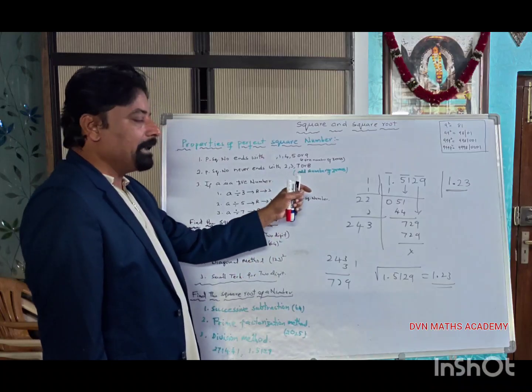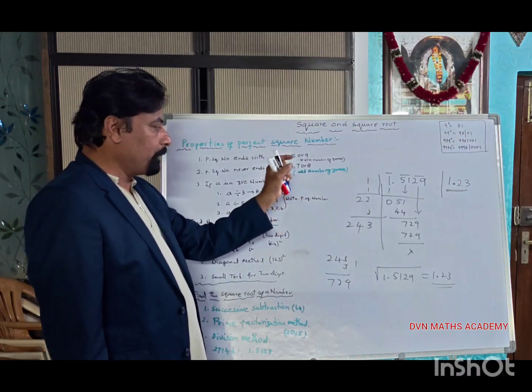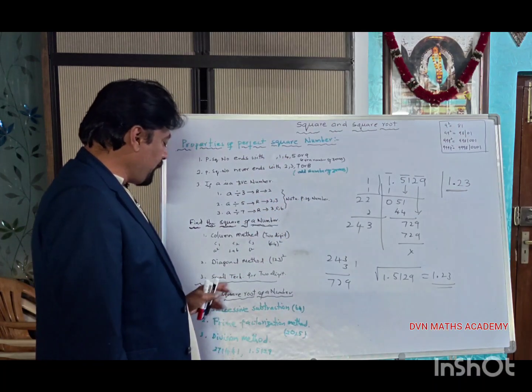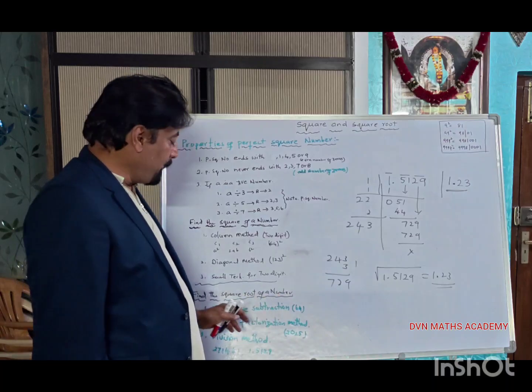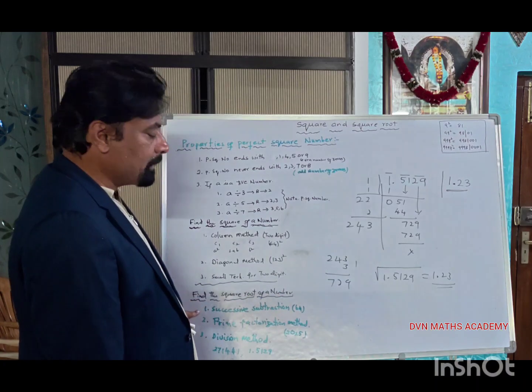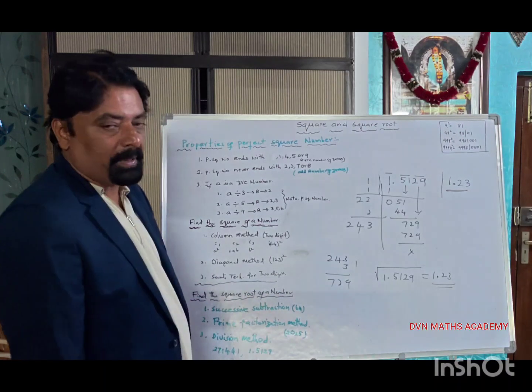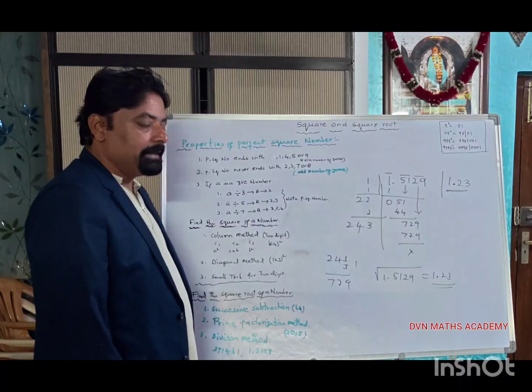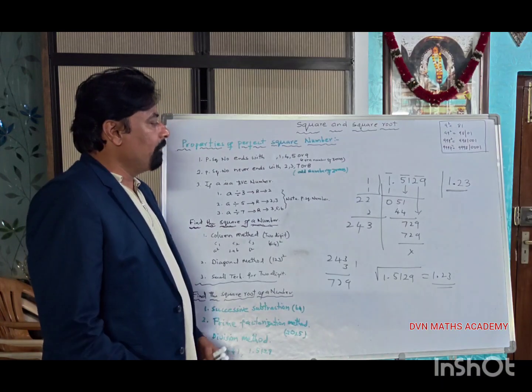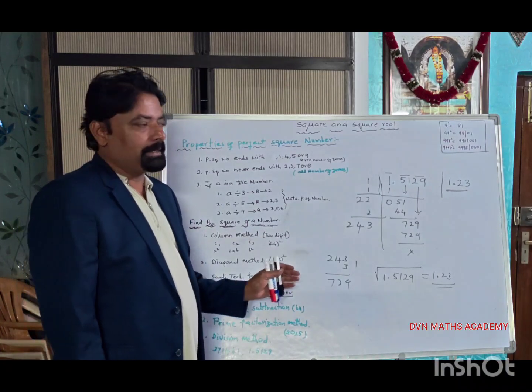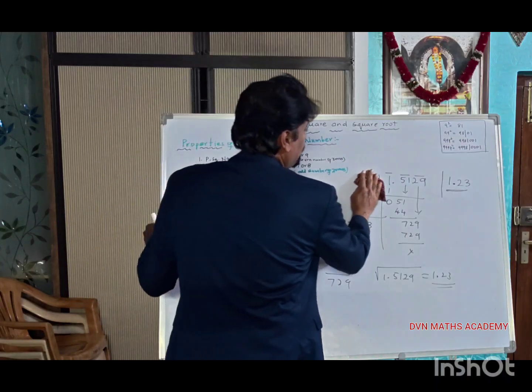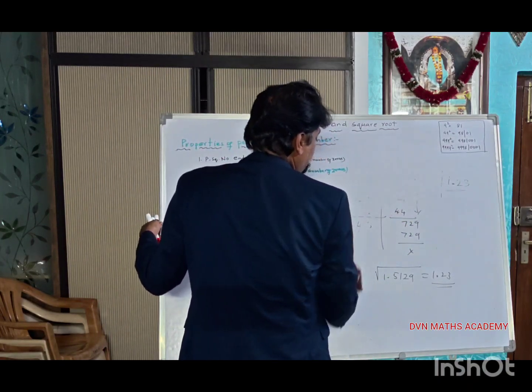I also explained some techniques for finding the square of a 2-digit number. Afterwards we found the square root of a given number by different methods: first the successive subtraction method, second the prime factorization method, and third the division method.